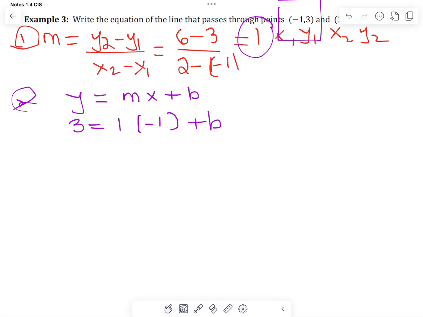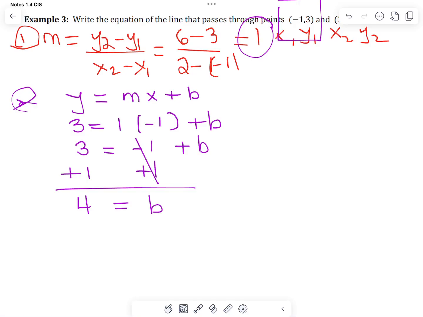And now I solve this for b. And I'm finding that y-intercept. So 1 times -1 is -1. I'm going to add 1 to both sides. So my y-intercept, my b, is 4.